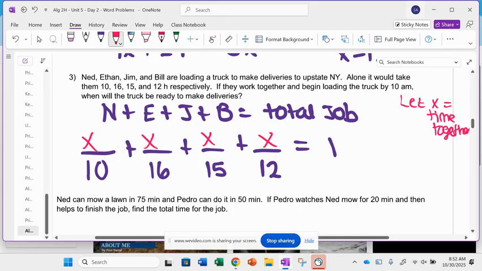So we now need to eliminate this denominator. Our LCD is a big number. It's going to be 240.